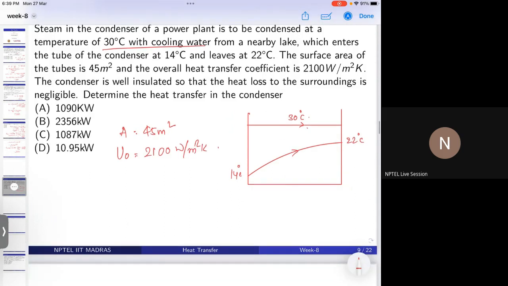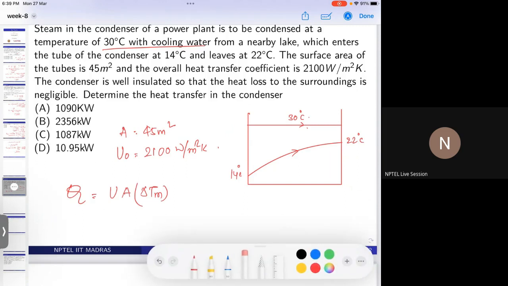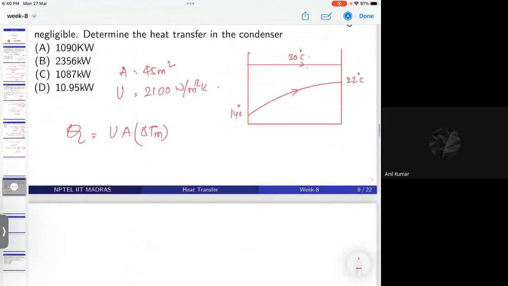Then what is Q? First, that is UA delta T. Is this LMTD or just normal delta T? LMTD, sir. So first we have to write out LMTD: delta Ti minus delta To divided by Ln of delta Ti by delta To.